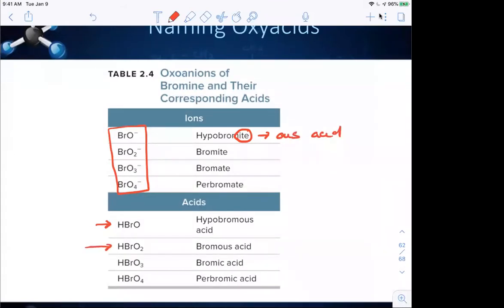Then I would have bromite, which is an ite, goes to us, acid. So that would be bromous acid. Here I have the ate goes to ic, bromic acid, and then I have the ate also going to ic, which would be perbromic acid. So again, this takes some practice.